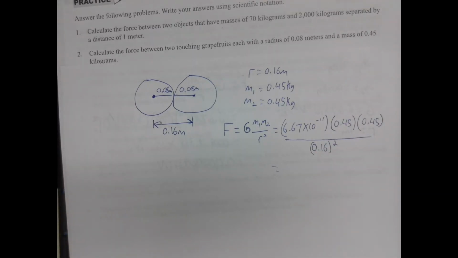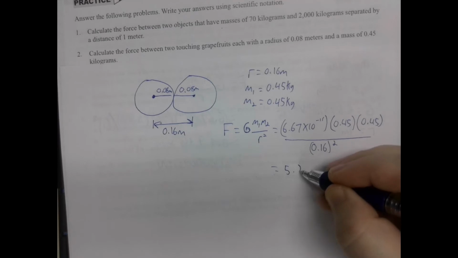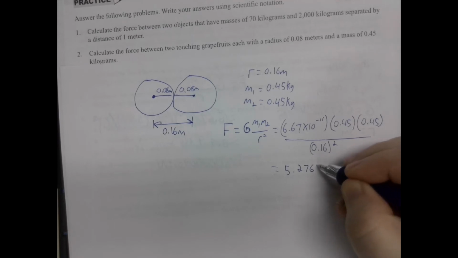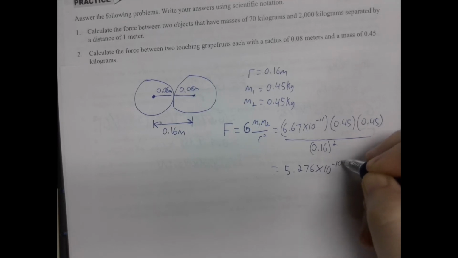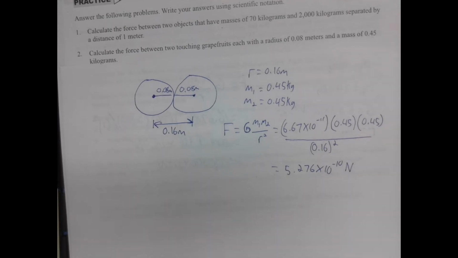I recommend you try typing these in the calculator to make sure you understand how to type it in. Make sure you're able to get the same number I'm getting. So this would be equal to 5.276 times 10 to the negative 10. And this is newtons.